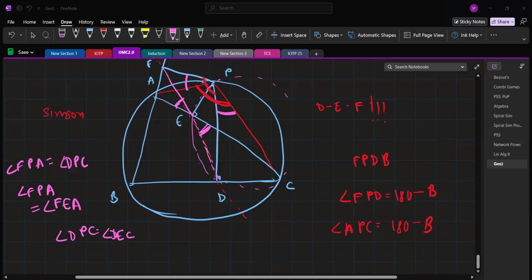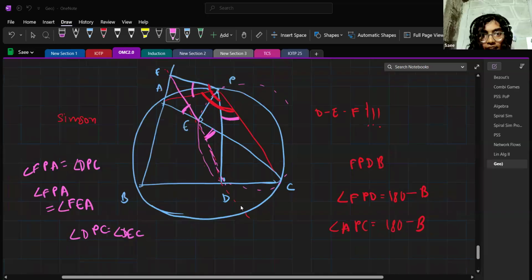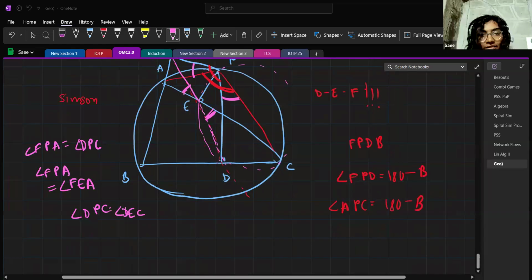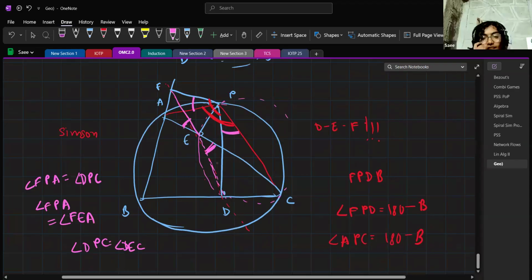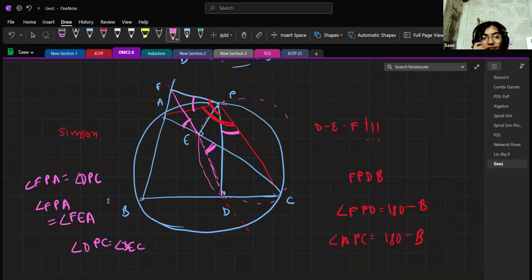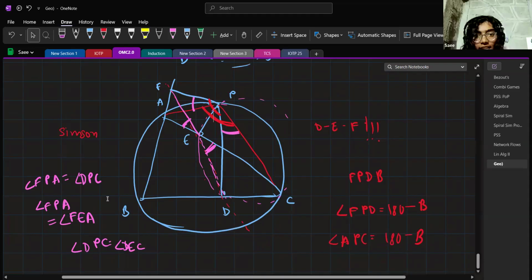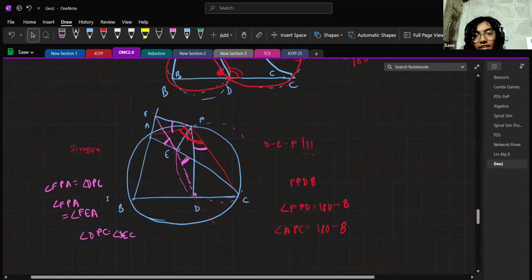Okay, but there could be other configurations also, so I think we should use directed angles here. That is true. If you just shift P somewhere else, things could change, and some things could go from 180 minus X to just X. So it's a good idea to use directed angles.